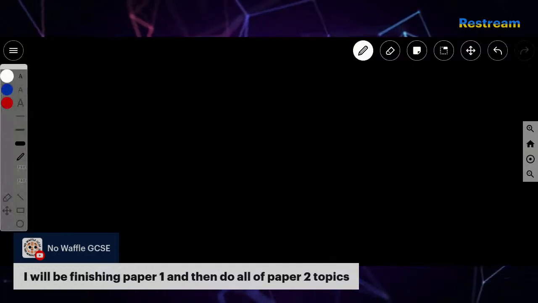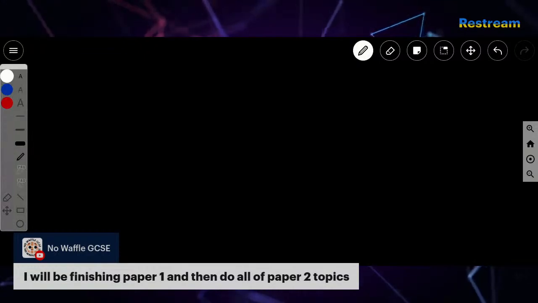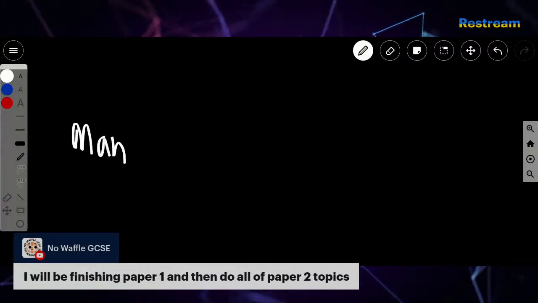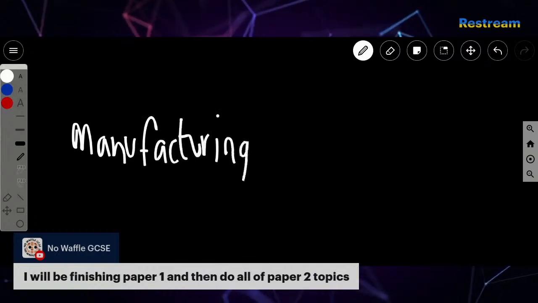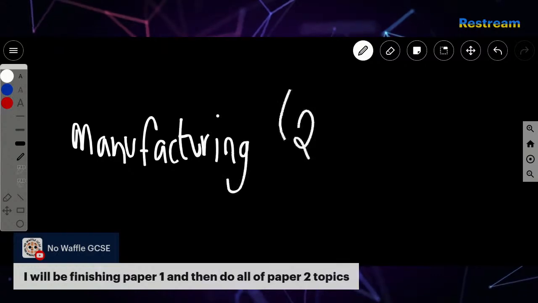Okay. So economic development in the UK. The UK's economy has changed. It used to be based on manufacturing. Now, manufacturing is what we call the secondary industry.